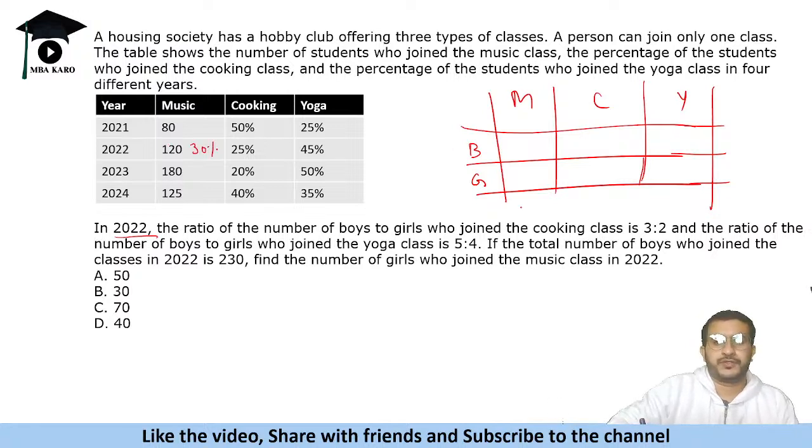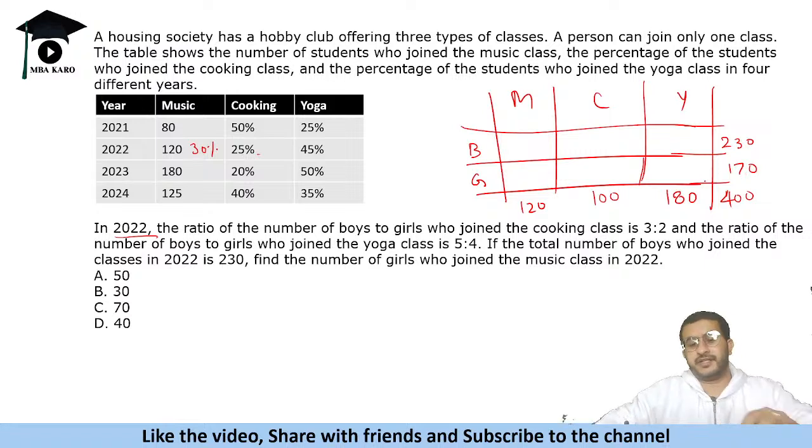So music is 120. 4 times हो जाएगा. This is cooking is 100 and yoga is 180. Okay. Boys is 230. So total we have 400 students. 230 are boys, 170 are girls. Okay, so we need to find these values individually.